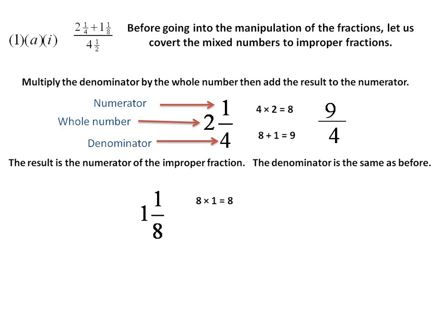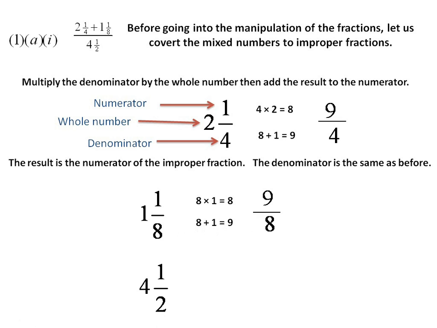Multiply the denominator by the whole number, which is the one that we have right here, and to that we will add the numerator. So 8 multiplied by 1 is equal to 8. Then we add 1, and the result is 9. And the denominator is as we had it before.